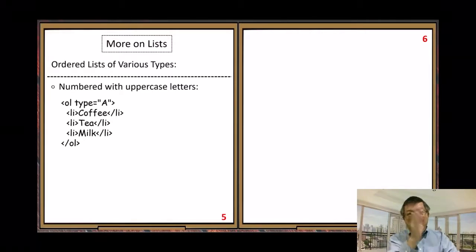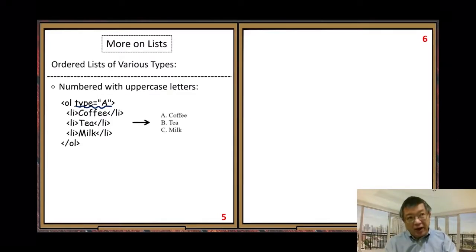You only need to add a special attribute: type equals capital A. Here you can see the way we use an attribute. When we want to add some special property to the element, the most convenient way is to use a special attribute. The example is like this.